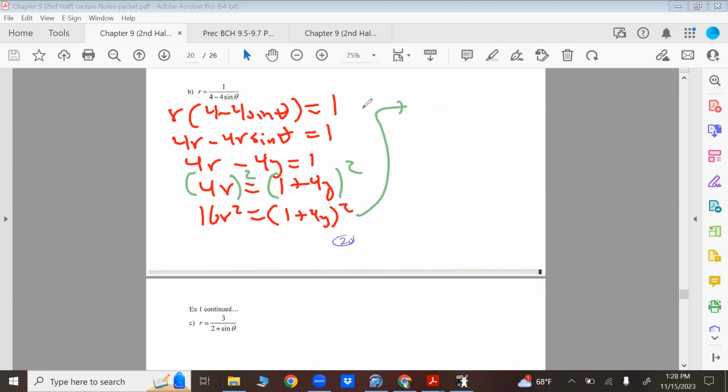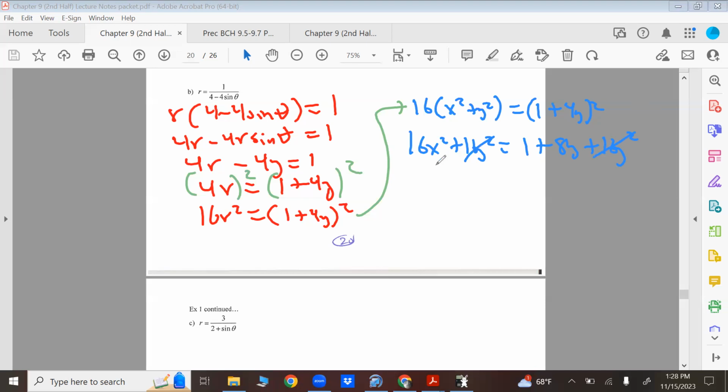I got x squared plus y squared is equal to 4y squared plus 10y. No, you're supposed to get A equals B. Oh. So where did I go? I don't know.